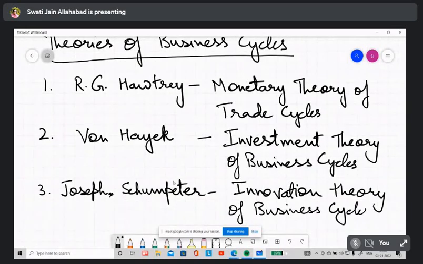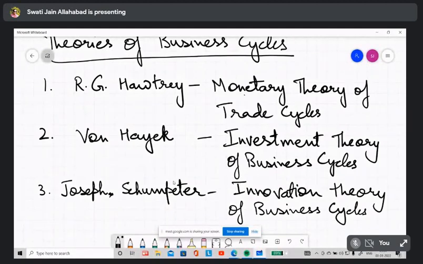Now, as you can see from the names, this is the reason why we are calling it monetary theory, because according to him, business cycles are a monetary phenomena. It is created because of the money supply in the economy, or monetary factors create business cycle.